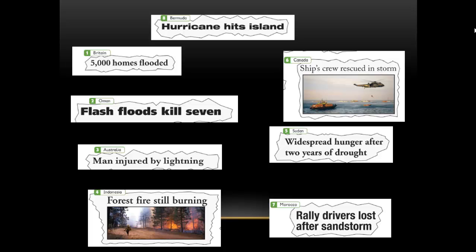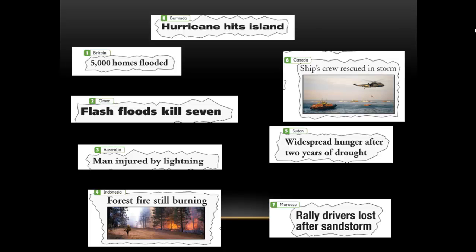Hurricane hits island, 5,000 homes flooded, flash floods kill 7, man injured by lightning, forest fire still burning, ship's crew rescued in storm, widespread hunger after 2 years of drought, and finally rally drivers lost after sandstorm.